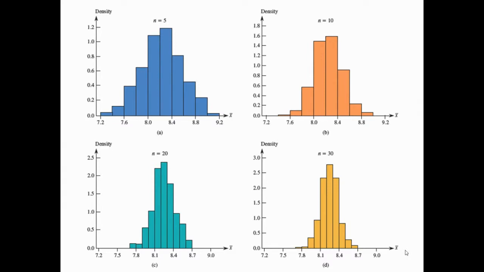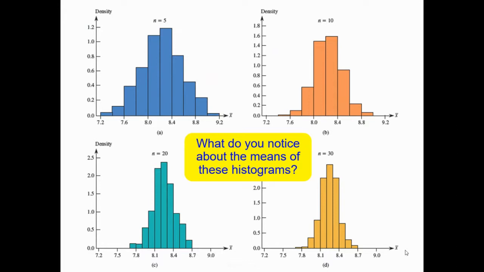So first they ask us, if we look at these, what do we notice about the means? If I go through here and find all my means, they're all roughly in the middle. But what value should they be centered around?